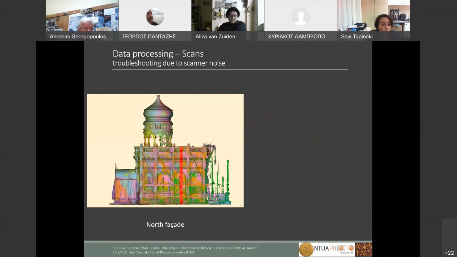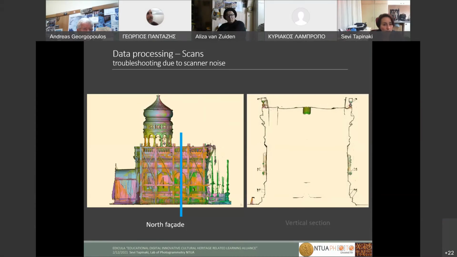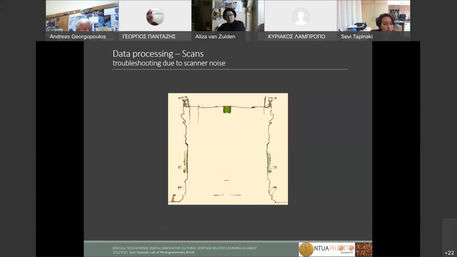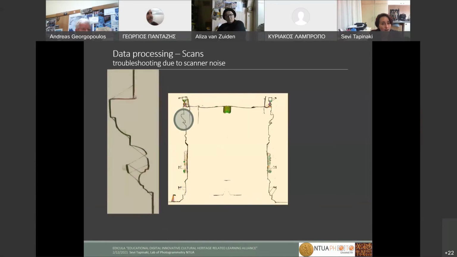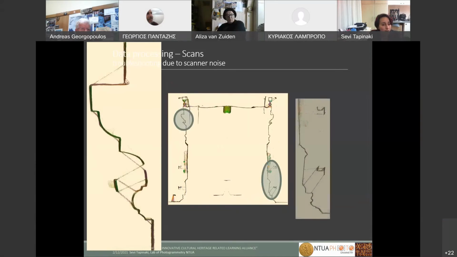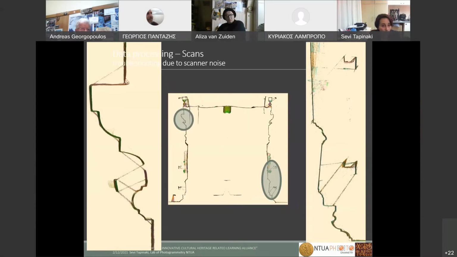During processing of data, we had to deal with some issues like the scanner noise. As we can see here is the north facade, and if we make a vertical section on it, we can see that there are some areas where the points are wrong, and we had to delete them.